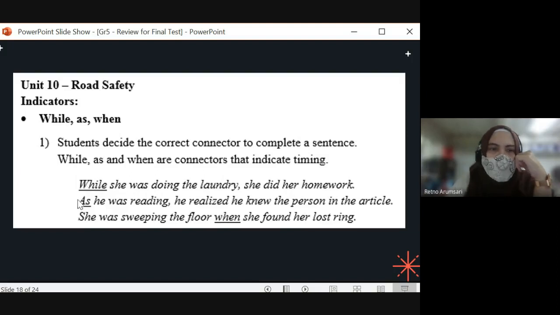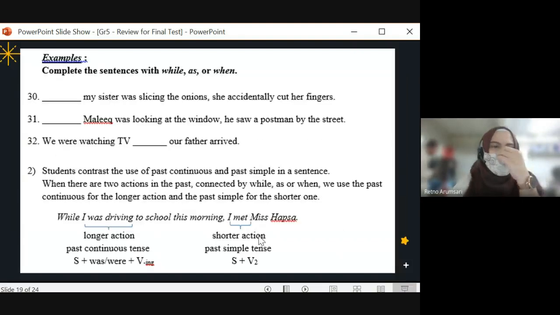The pattern will always be like this: past continuous first, the longer action first, then followed by the shorter action, or the past simple. Past continuous, past simple. All right? And then when is always between the two actions. Right?